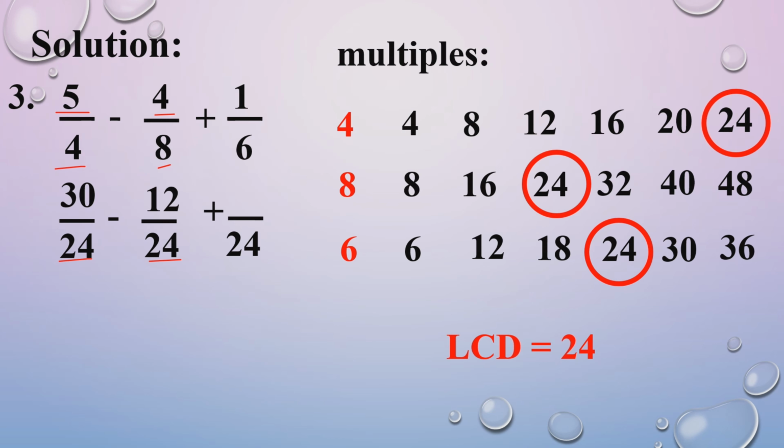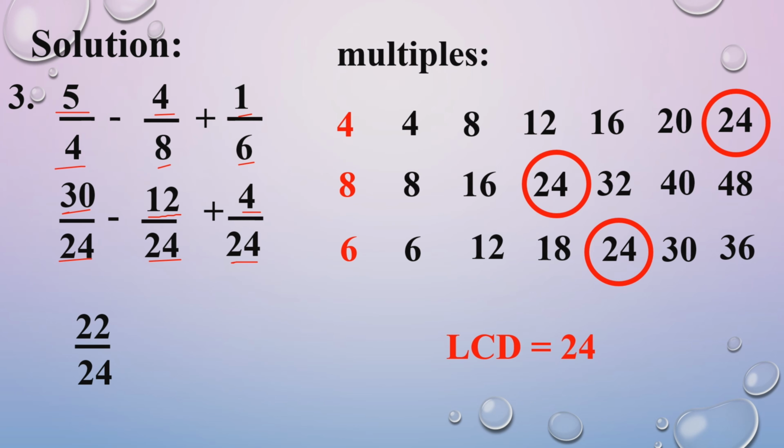And then plus 24 divided by 6. That is 4 times 1. That is 4. Now let us solve. 30 minus 12. That is 18 plus 4, 22. So the answer is 22 over 24.